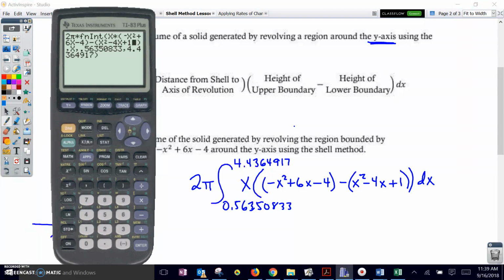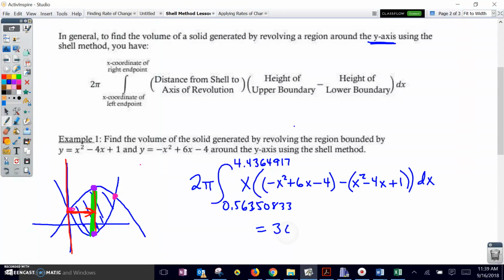I think I put one too many parentheses in here. There's this one right here. And we get 304.183 for the volume of this solid.